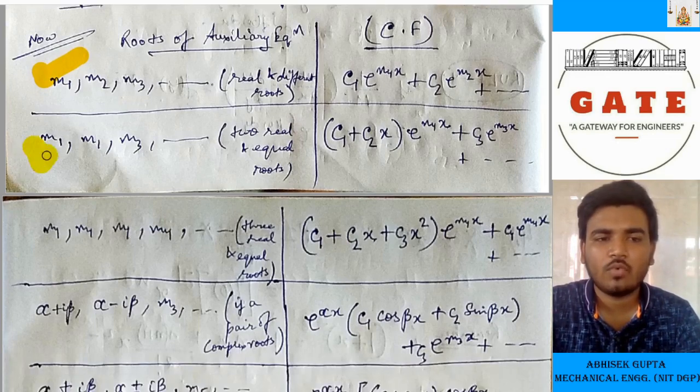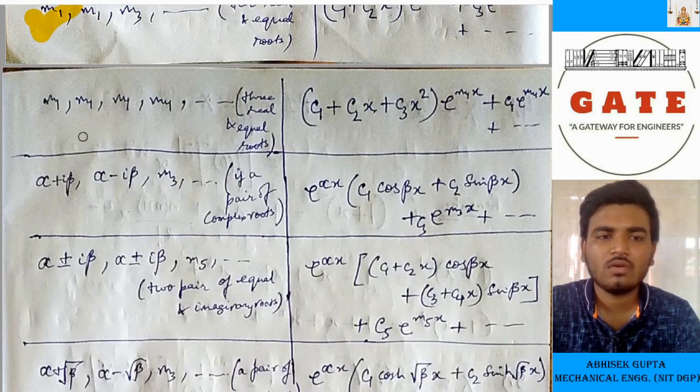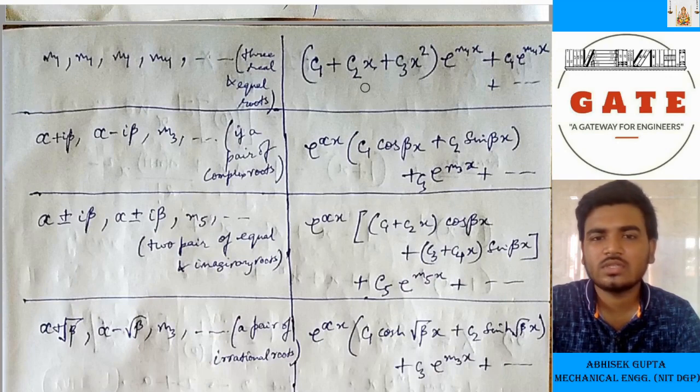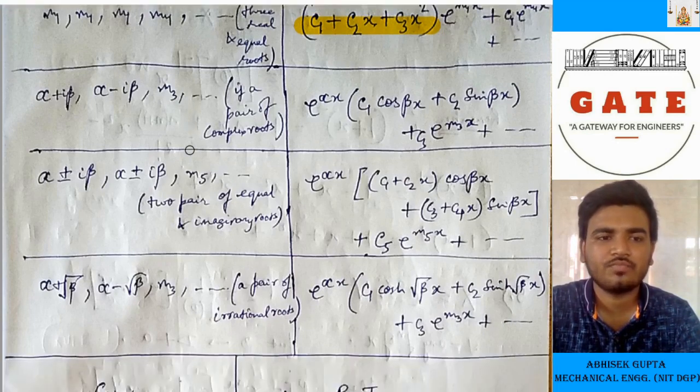If m1, m1, m3, meaning two real and equal roots, then the CF will be (c1 plus c2x) e power m1x plus c3 e power m3x plus and so on. Similarly, for three equal roots, the CF will be (c1 plus c2x plus c3x square) e power m1x plus c4 e power m4x plus and so on.